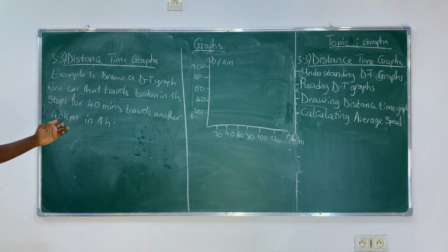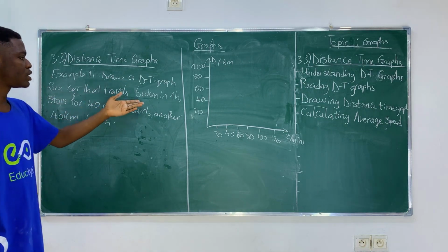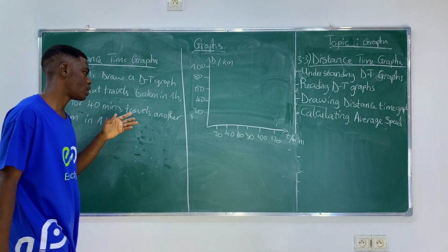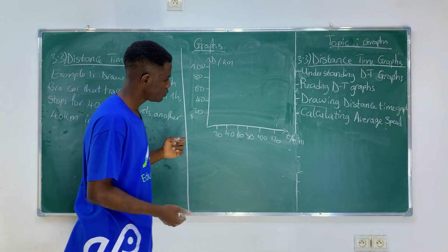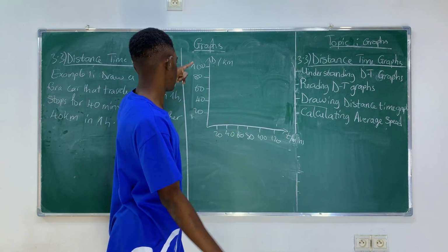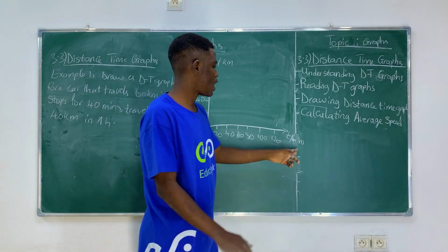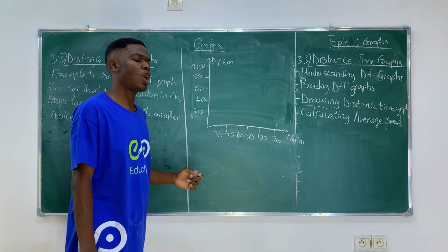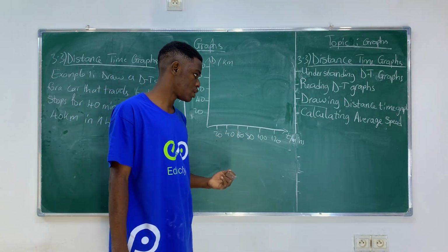The question says, draw a distance time graph for a car that travels 60 kilometers in 1 hour, stops for 40 minutes, and travels another 40 kilometers in 1 hour. The most important thing here is to know how to draw your scale. I'll not use hours because they say it stops for 40 minutes.